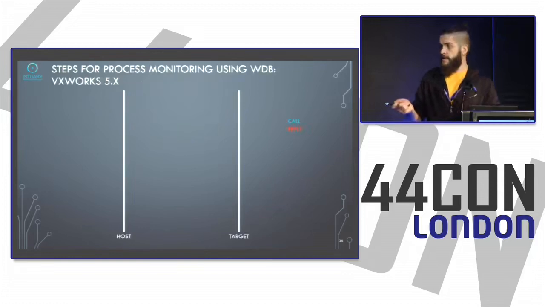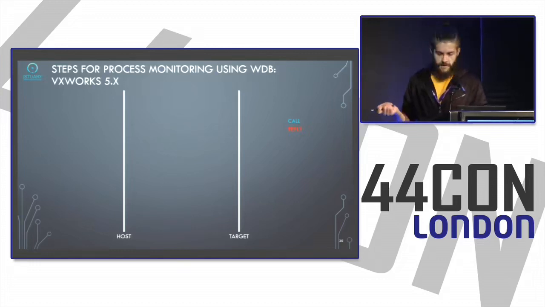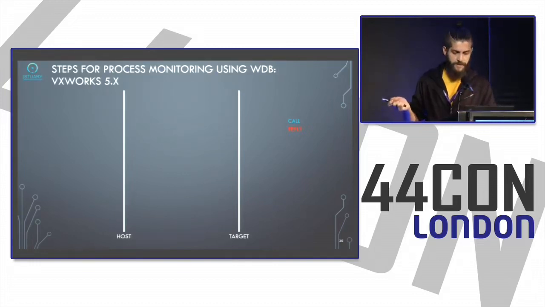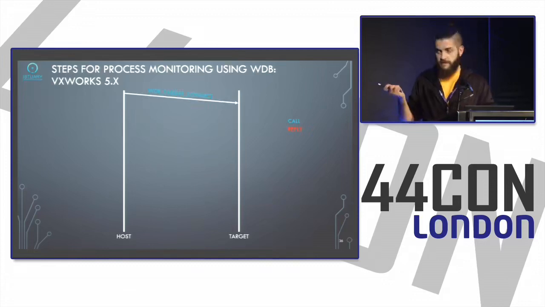On the left you have the host, and on the right the target. To debug the target, you have to follow certain steps. First step, you have to connect, as normal, and the target replies if it's okay.